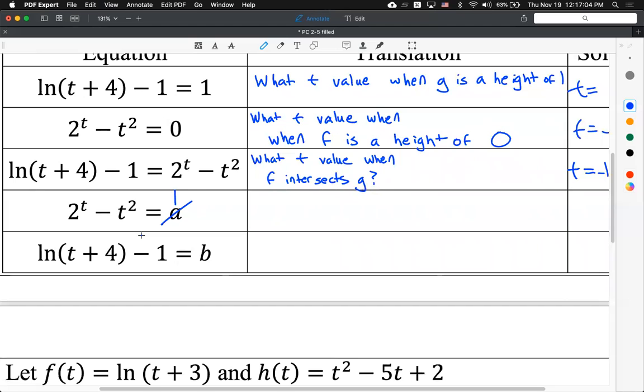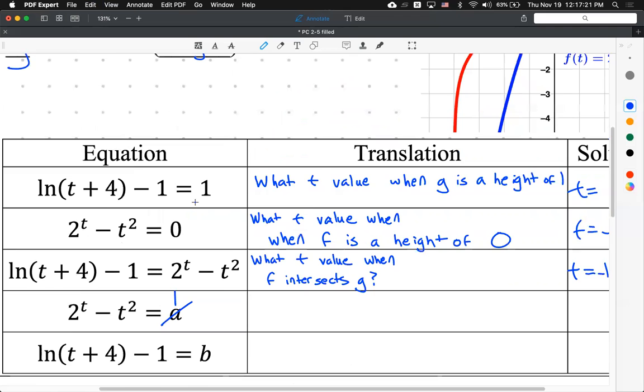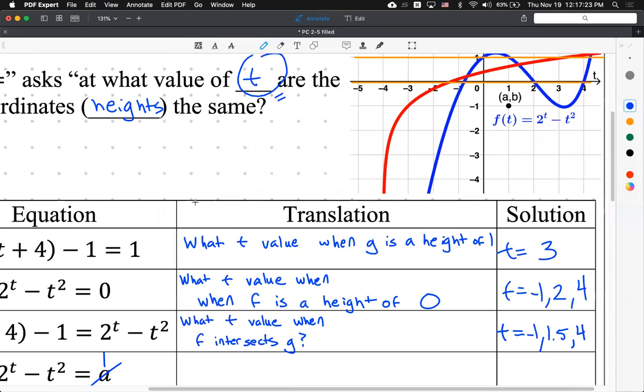Question, Ellery? A is the x coordinate, so is that different for height? It's just a substitution, and you're talking about now, when do I have a height of 1? Exactly. This doesn't mean it's an x coordinate. It's still a height. And then for B, what is B? Come back to our point. What is B?